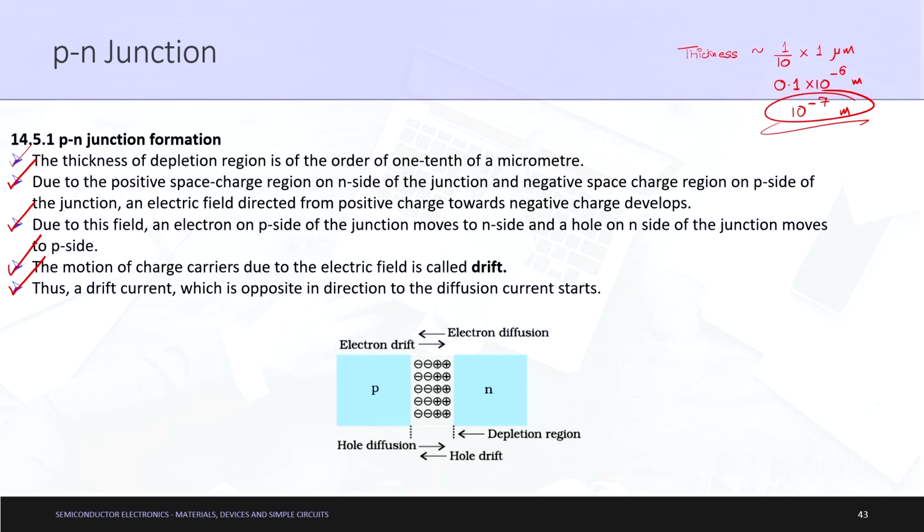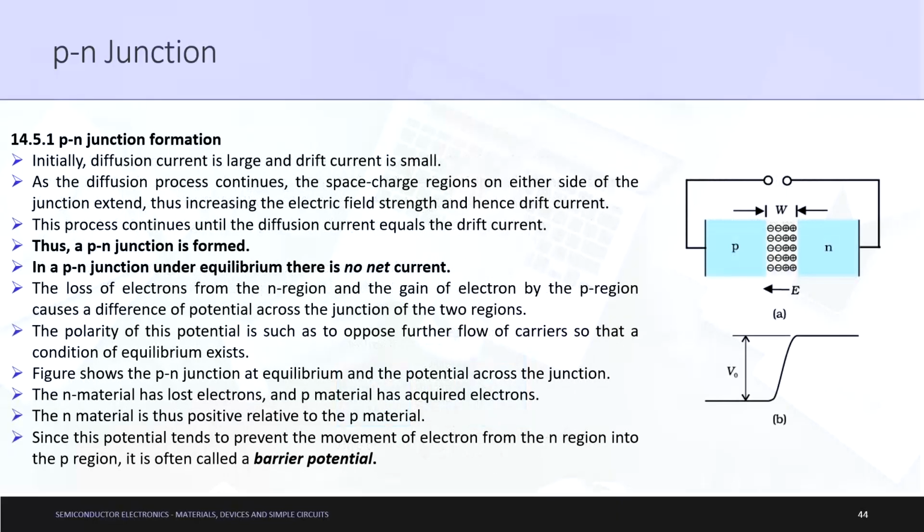This line is very important: as you can see clearly, electron diffusion is in this direction, but the electron drift is in this direction. Similarly, hole diffusion is in this direction, and hole drift is in this direction. So that is how you can understand that for any concentration you take, either electron or hole, the diffusion current will always be in the opposite direction to that of the drift. Let us look at this at a later stage.